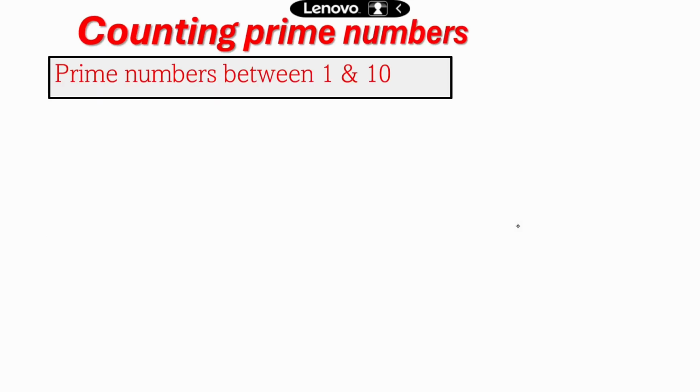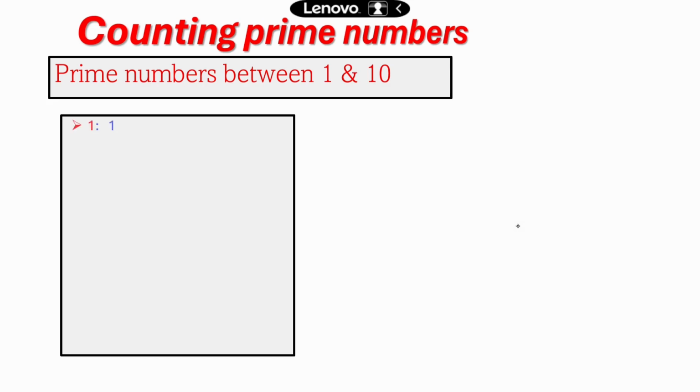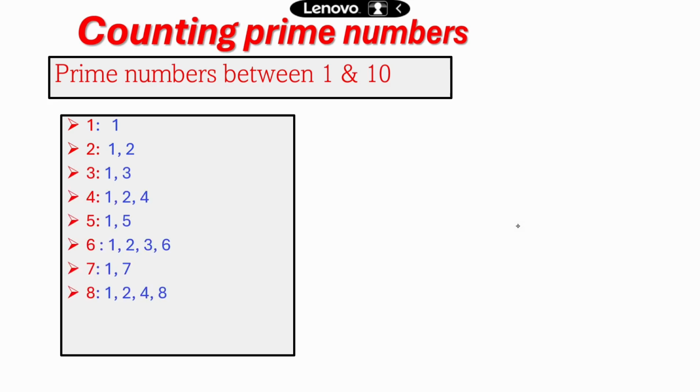So let's count the prime numbers between 1 and 10. To have a complete picture, we will discuss the factors as well as identify the prime numbers between 1 and 10. So the factors: 1, 2 is 1 and 2; 3, 1 and 3; 4, 1, 2, 4; 5, 1 and 5; 6, 1, 2, 3, 6; 7, 1, 7; 8, 1, 2, 4, 8; 9, 1, 3, 9; and 10, 1, 2, 5, 10.